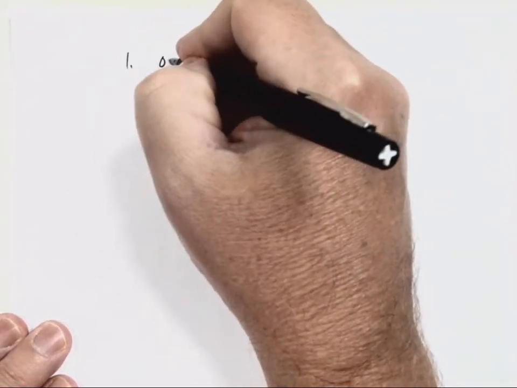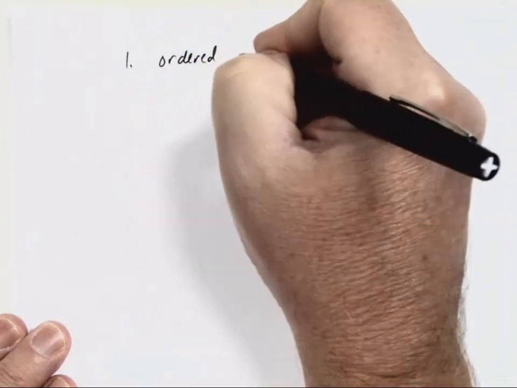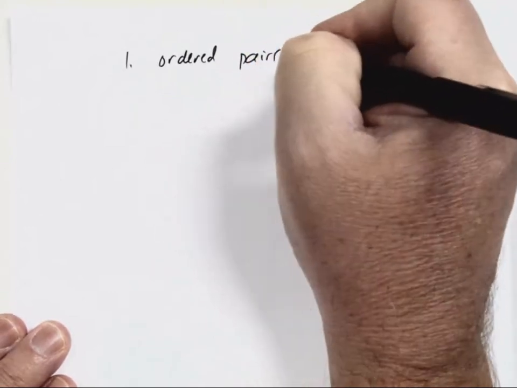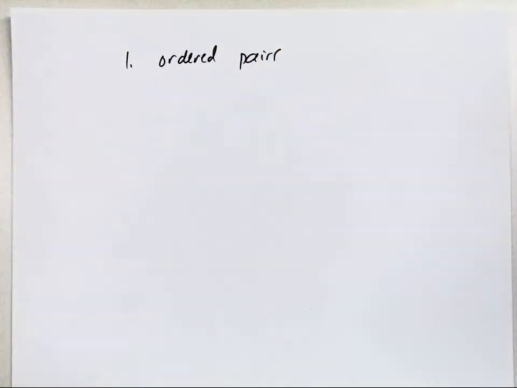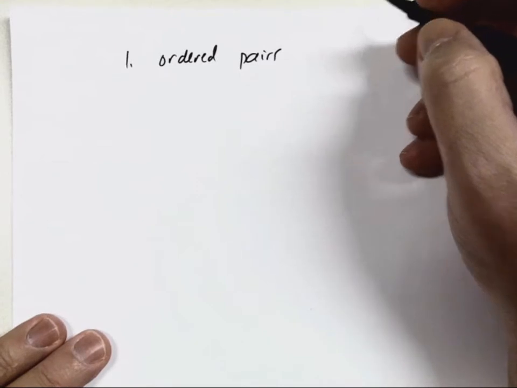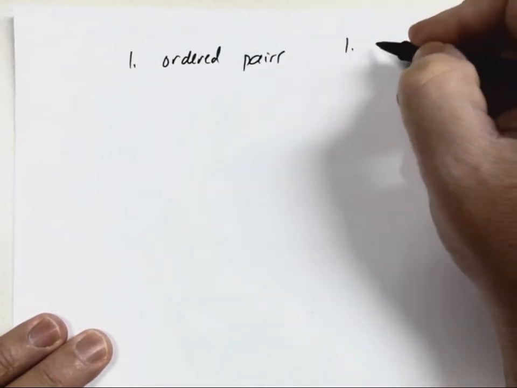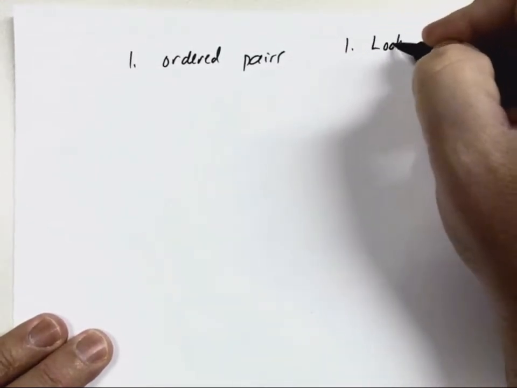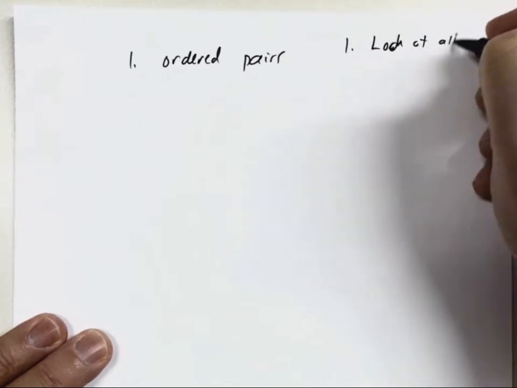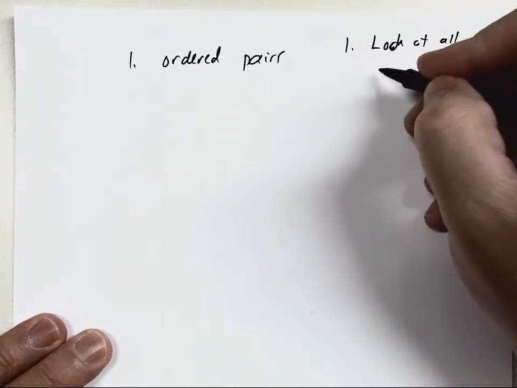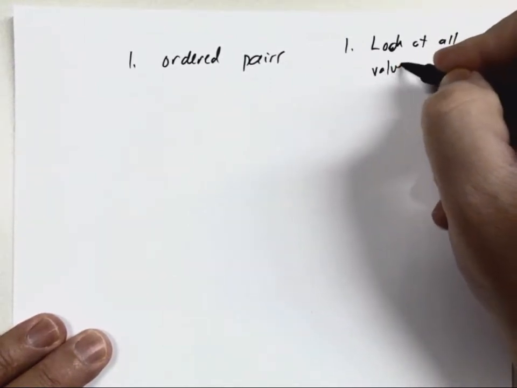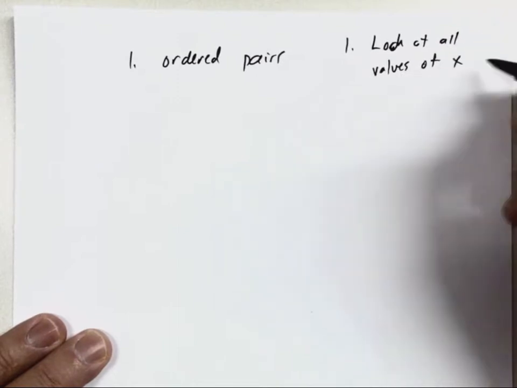First, if you're given some ordered pairs, you're given a set of ordered pairs, a relationship, and you're asked, is it a function or not? Here's the question you ask. First, you look at all values of x.